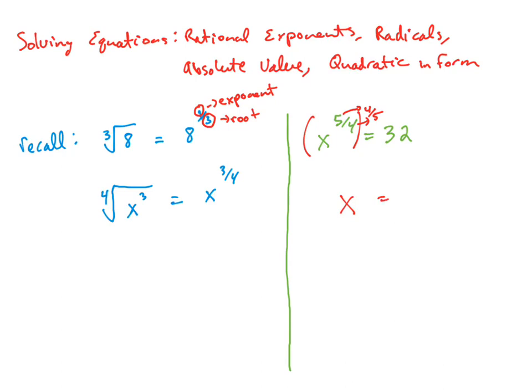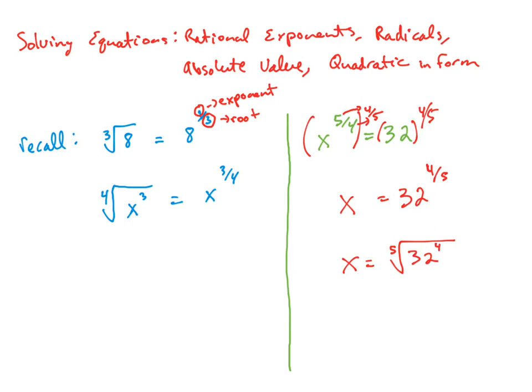And when we raise 32 to the 4/5, we just need to evaluate 32 to the 4/5. What this means is x is equal to 32 to the 4/5. We have the 5th root of 32, and we're going to raise that to the 4th power.